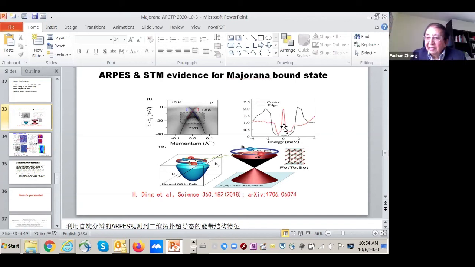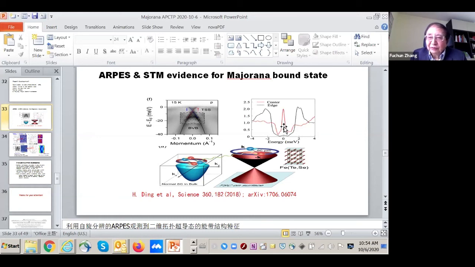And in iron-based superconductors, the tricky part is that it's multi-band. So you can think of it this way: some bands are superconducting, and some bands are topological insulator on the surface. So it's kind of self-induced.